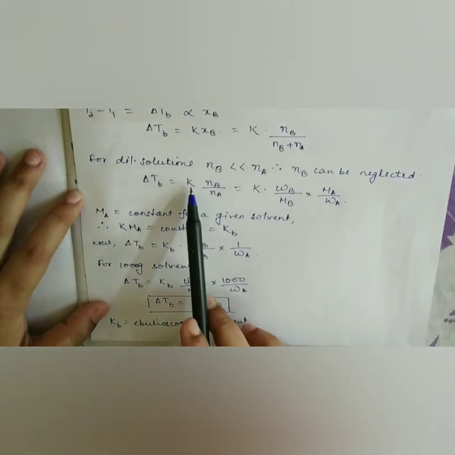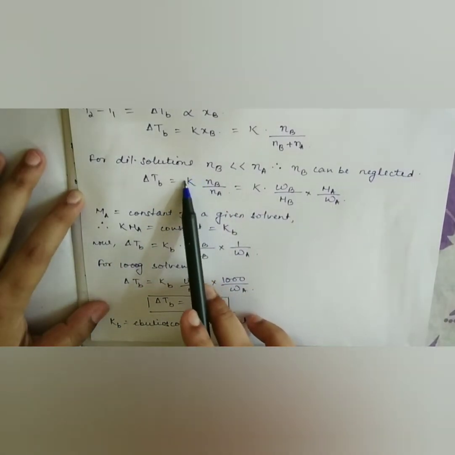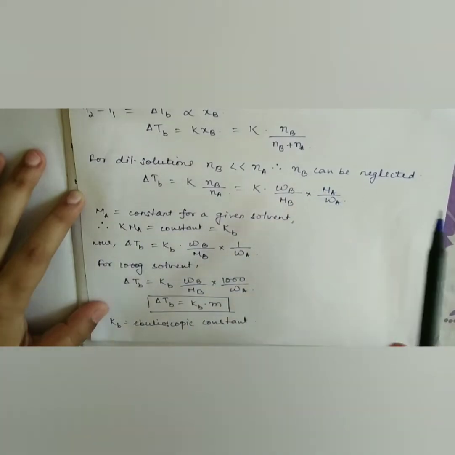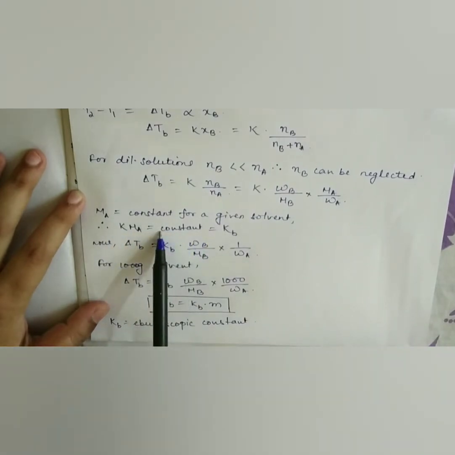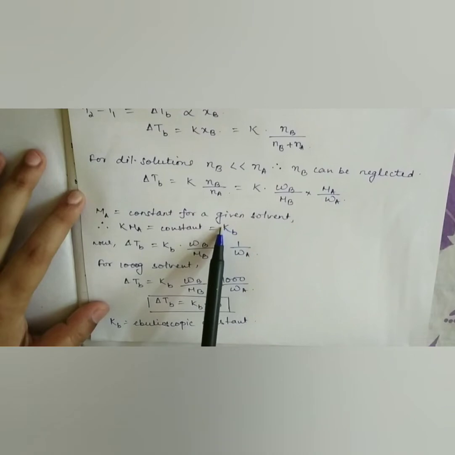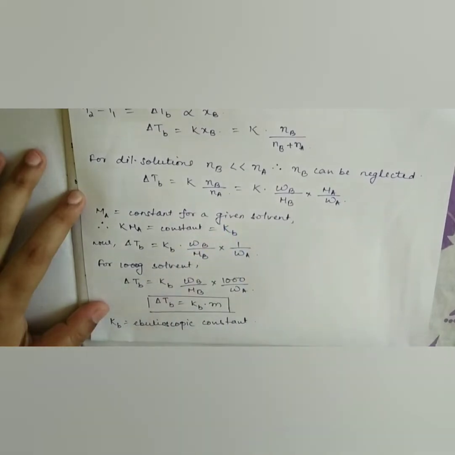So if we multiply this K, which is also a constant, with MA, which is again a constant for a particular solvent, then the product of K and MA is also a constant. This constant is represented by Kb. This Kb is also known as molar elevation constant in boiling point.